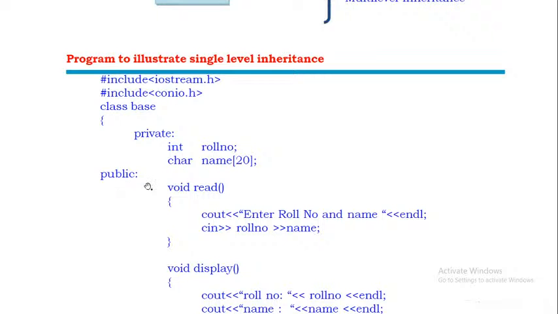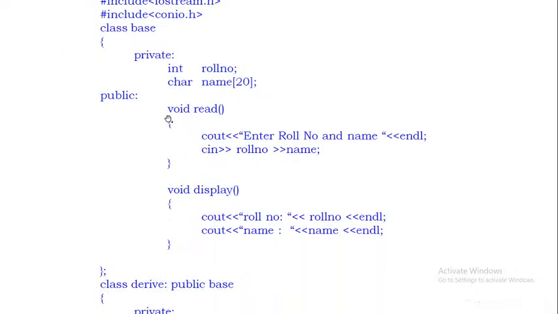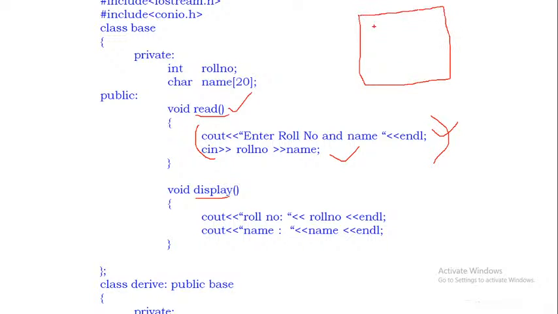In the public access specifier I am taking two member functions: the read member function and the display member function. Inside the read member function I take one cout and one cin. After execution the output will be displayed.